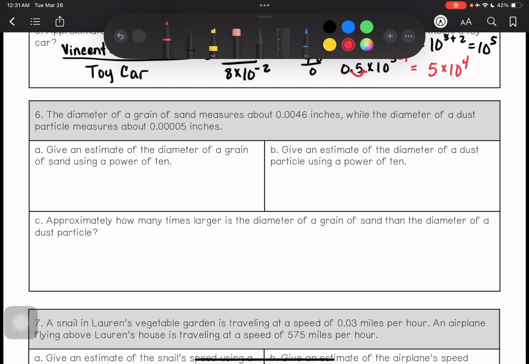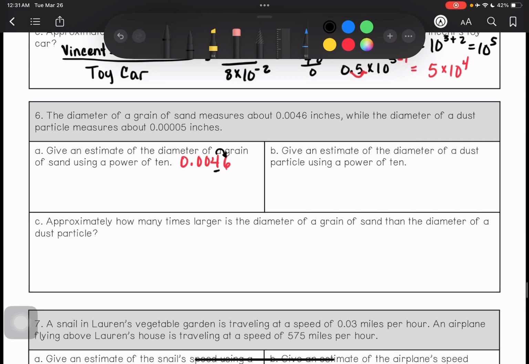Remember, the grain of sand is 46 ten-thousandths. We want to round this 4 by looking to the right. That's 5 or more, raise the score. So this is actually 5 thousandths.